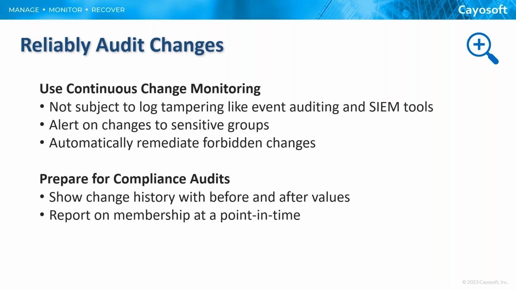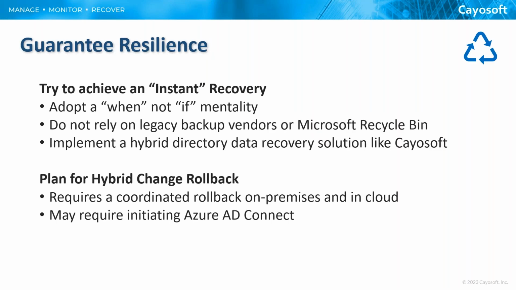If you're using dynamic membership rules, who established the rules, who wrote the rules, who last modified the rules. You need to have all that so you have a chain of custody to make sure you fully understand what's going on. And then finally, if there is an inappropriate change, you need to be able to roll that back. And so you need to install the process to guarantee resilience of your groups so they don't cause outages.